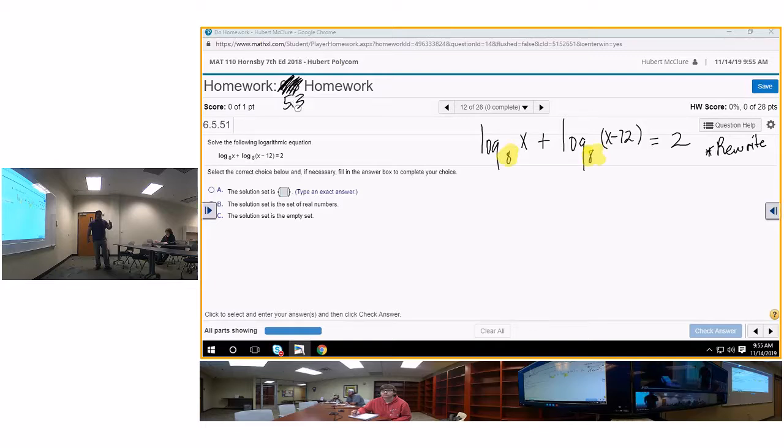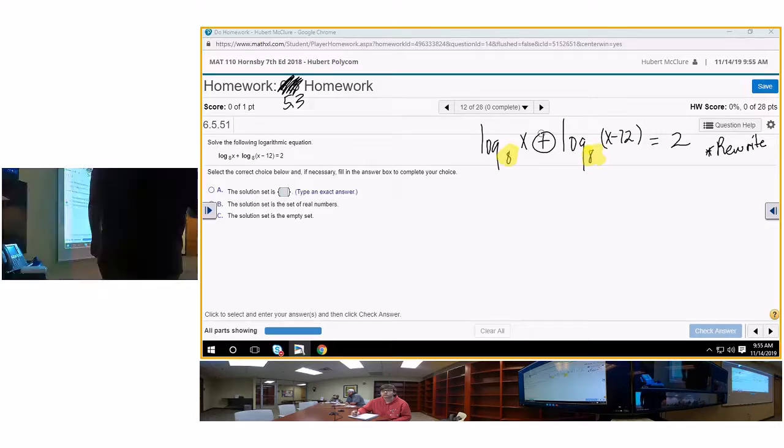Okay, so we're going to rewrite this using the what rule? No, that's not rewrite. That's solve. We're going to rewrite using the quotient rule, the power rule, or the product rule.